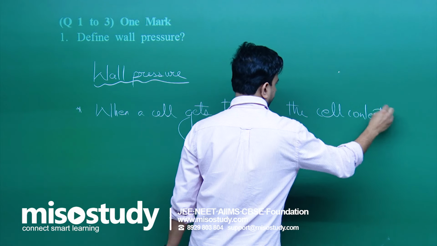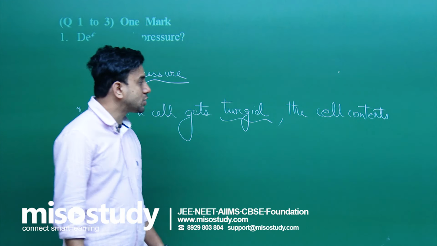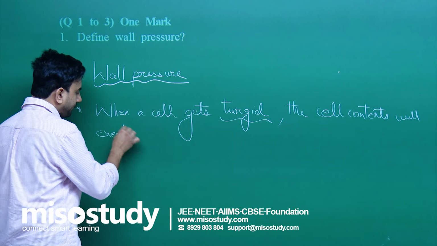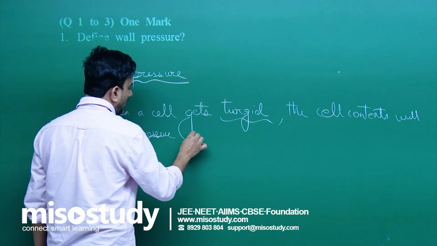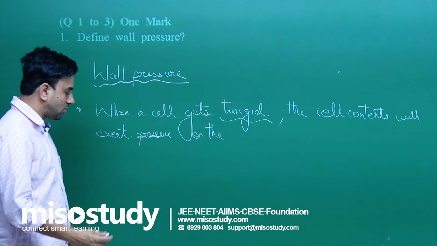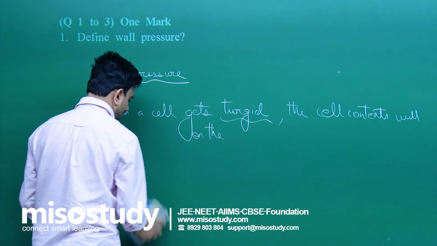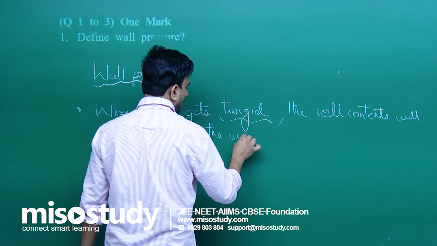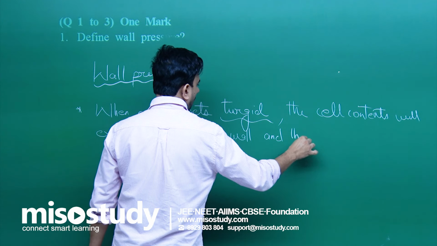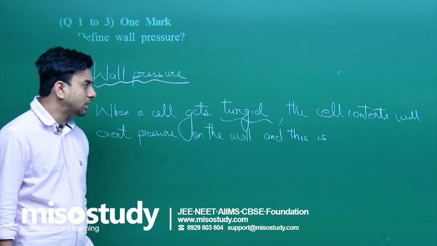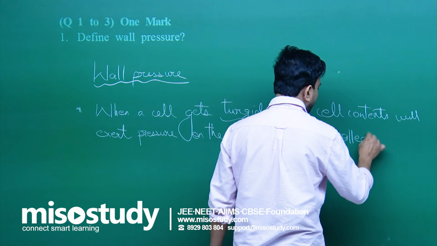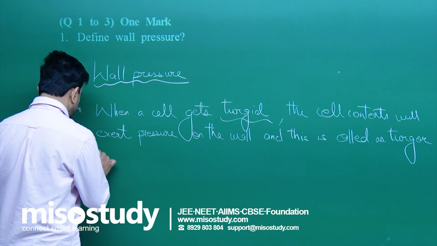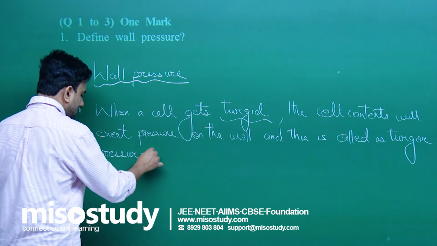the cell contents will exert pressure on the wall, and this is called turgor pressure, right.